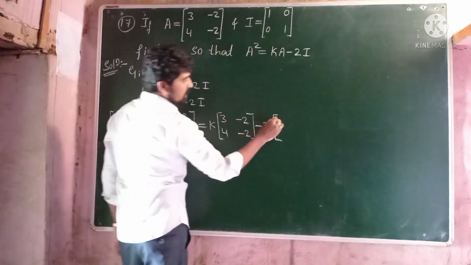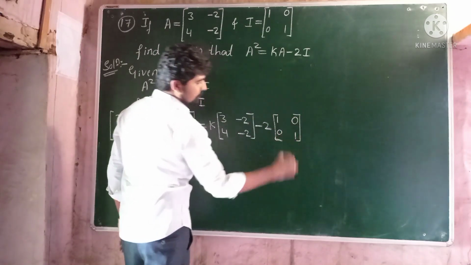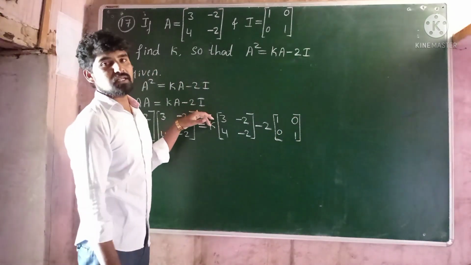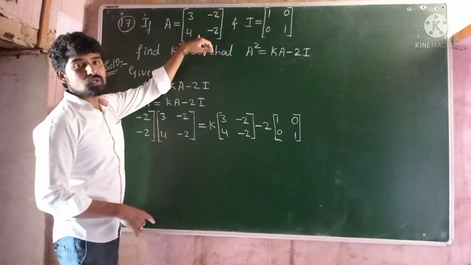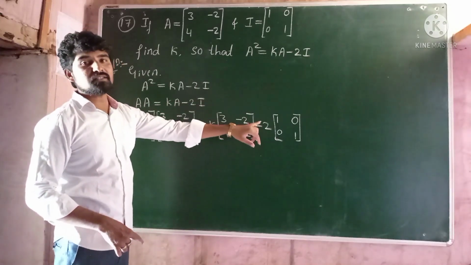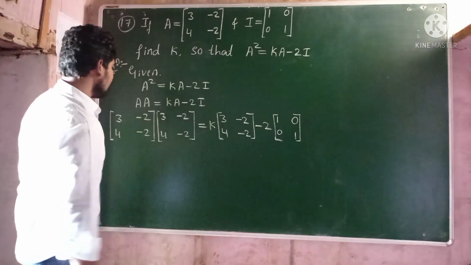So I matrix is given by 1 0 0 1. If I matrix is not given, it is understood I is a unit matrix of order 2 cross 2, or I is a unit matrix whose order is same as order of the given matrix A.